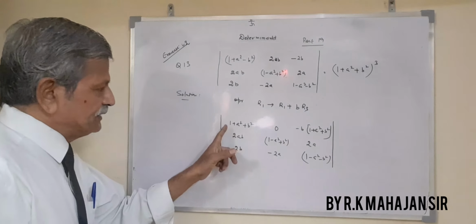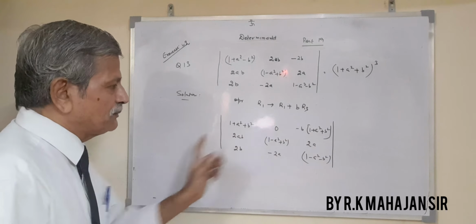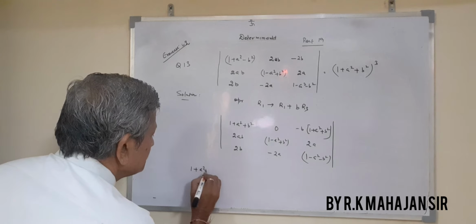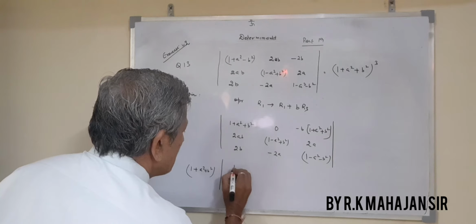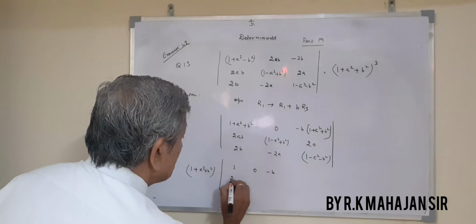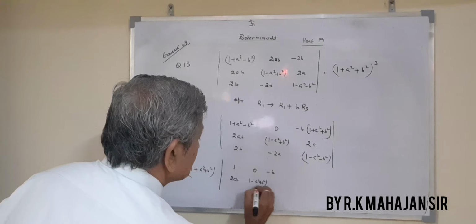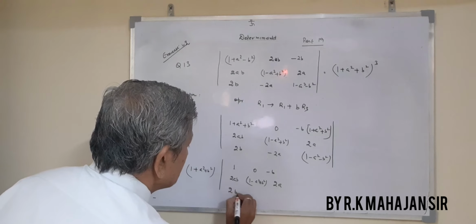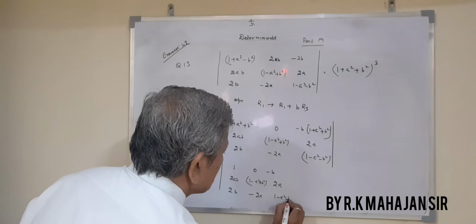Now you know that in the R1 row you have 1 plus a square plus b square common. So you take 1 plus a square plus b square outside, and you are left inside with only 1, 0, minus b, then 2ab, then 1 minus a square plus b square, then 2a, then 2b, minus 2a, 1 minus a square minus b square.